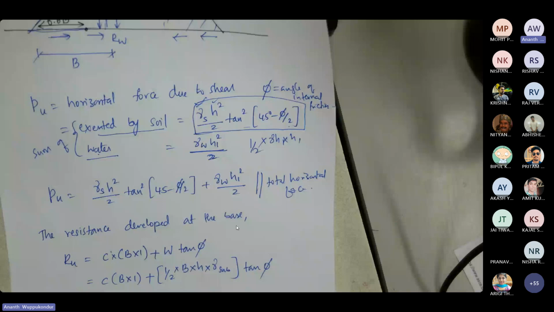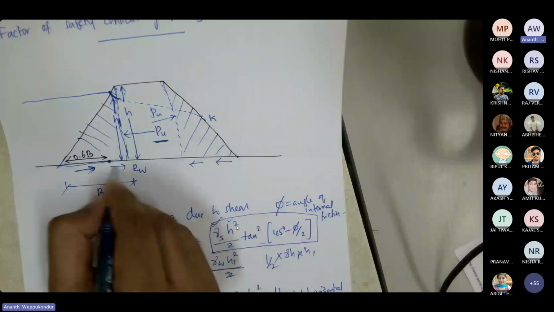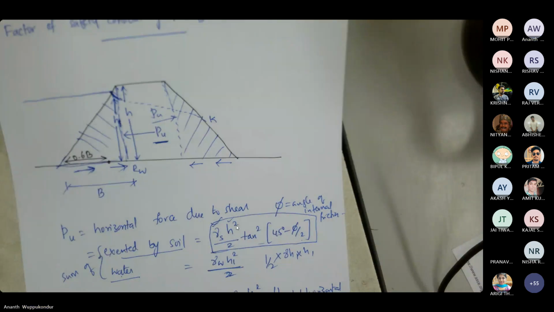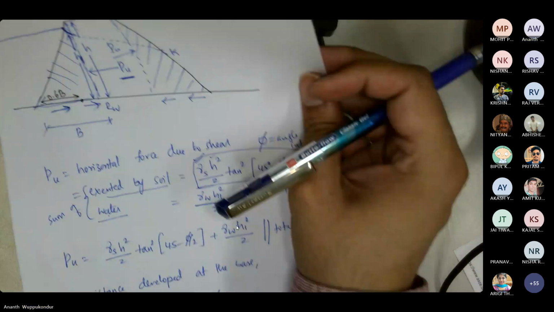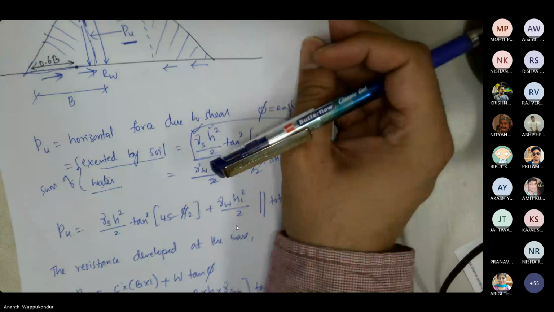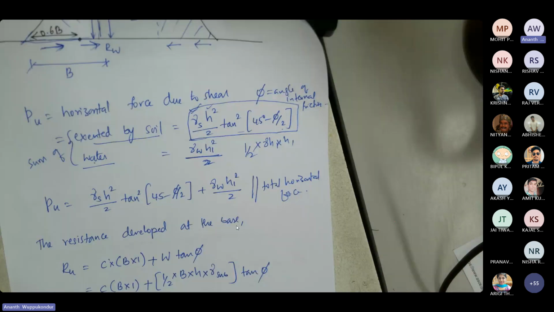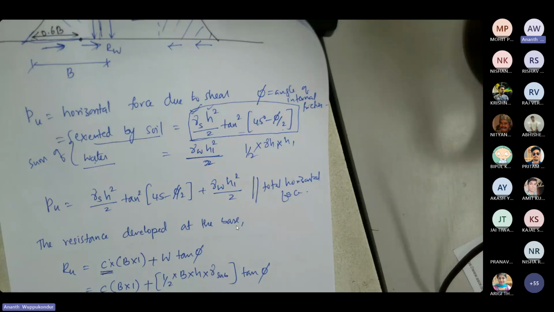So at the base of the dam, you would have resistance that is trying to oppose the horizontal force. And this resistance again is a function of the cohesion at the base of the dam and then the weight of the dam.